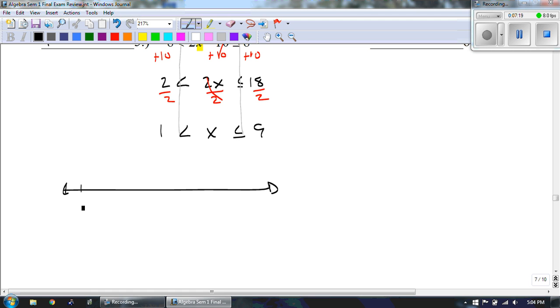Okay, so there's going to be 0, and then there's 1, 2, 3, 4, 5, 6, 7, 8, 9, and 10. So at 1, I am open. At 9, I am closed. And we're going to shade everything in the middle. Okay.